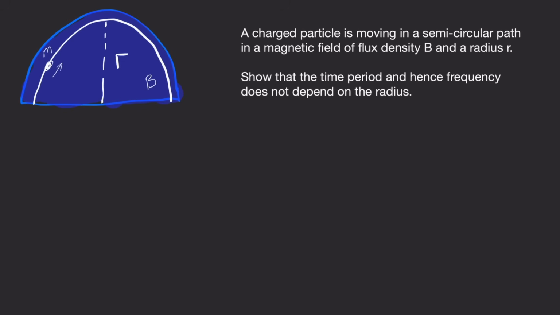Next one, we have a charged particle that is moving in a semicircular path in a cyclotron and magnetic field of flux density B and radius r. Show that the time period and hence the frequency do not depend on the radius. Okay, so we're going to start off with QvB is equal to mv squared over r, and we can also use omega squared multiplied by r, but let's just do it using this equation.